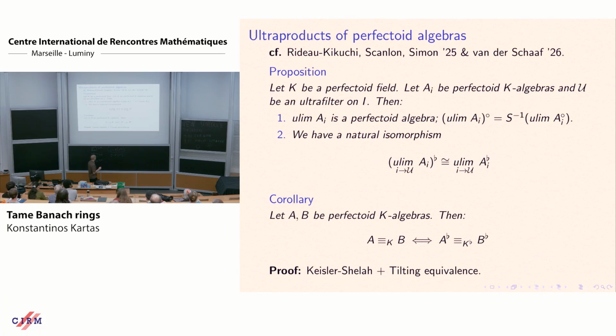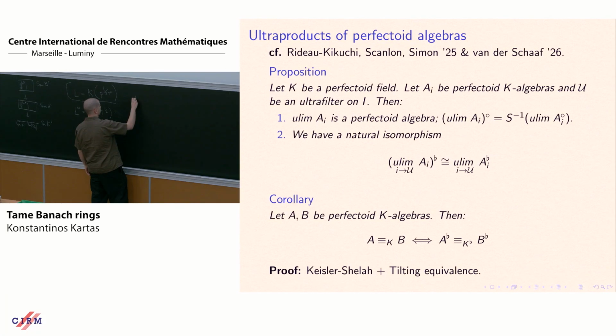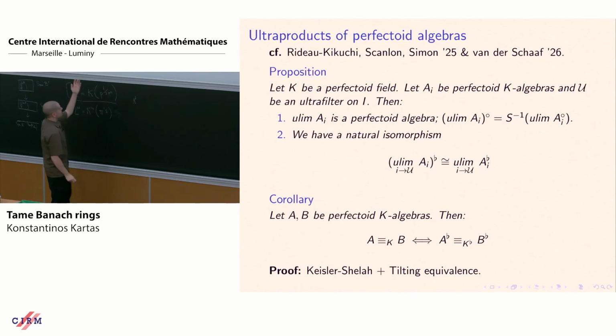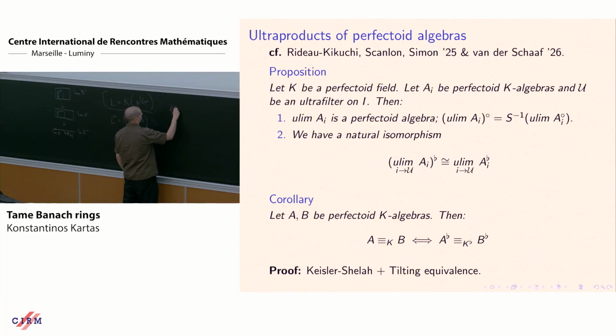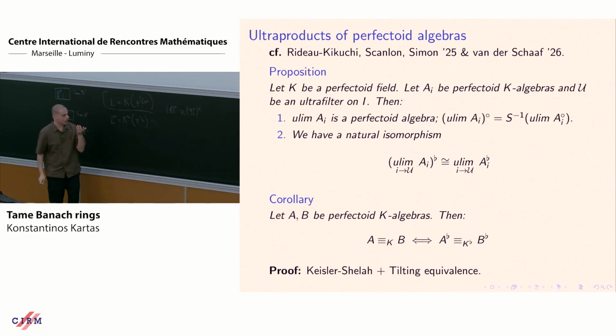But even if you don't know what it is, the structure of the proof is quite simple. Let's say you assume that the tilts are elementarily equivalent. Then by some kind of Keisler-Shelah, you can find isomorphic ultra powers.